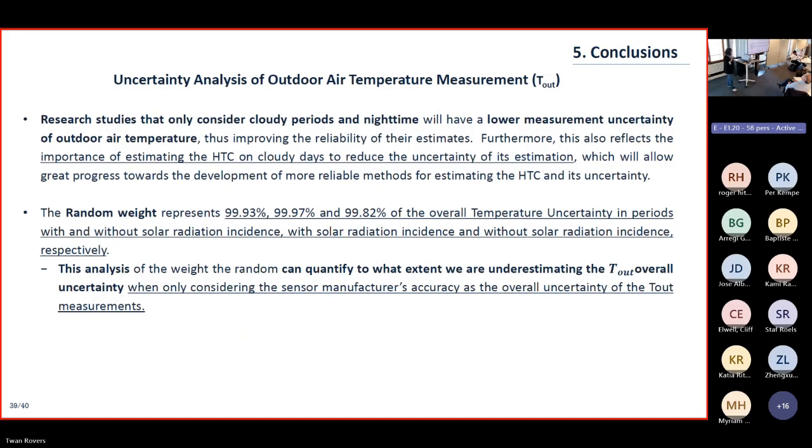So it's important to estimate the HTC on included days to reduce the uncertainty estimations. And it's also important not to consider only the manufacturer accuracy as the overall uncertainty of the outdoor air temperatures. Thank you.